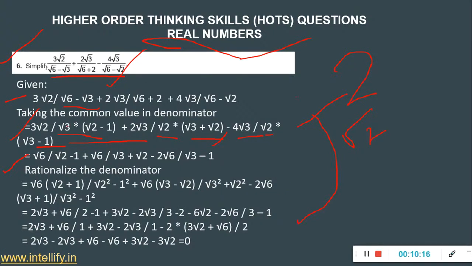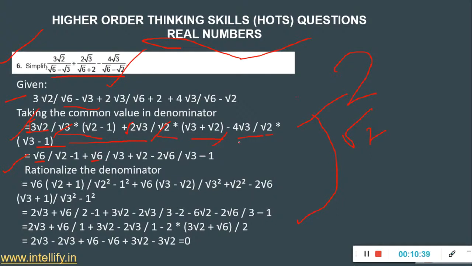In the next step, root 3 gets cancelled out, and in the numerator we have 3, which will become root 3. Root 3 into root 2 will become root 6. In the second value, root 2 will cancel out, and in the numerator we have 2, which will become root 2, and root 2 into root 3 is root 6.